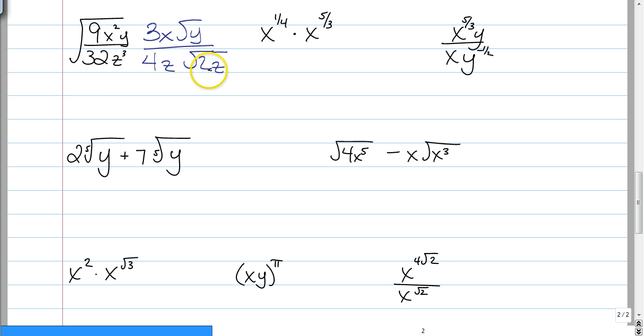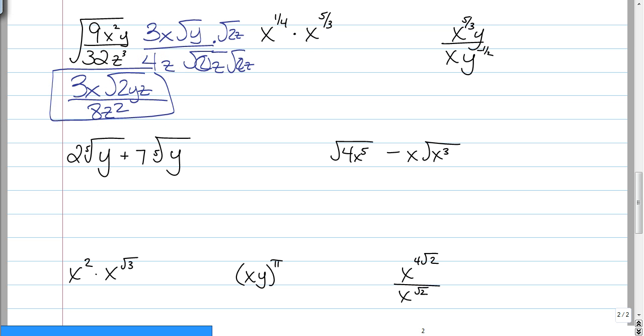So now you just have to fix the radical 2z in the denominator. So you need to multiply the top and bottom by the square root of 2z. And that will give you 3x root 2yz all over, careful, this is going to leave another 2 and a z, so 8z squared.